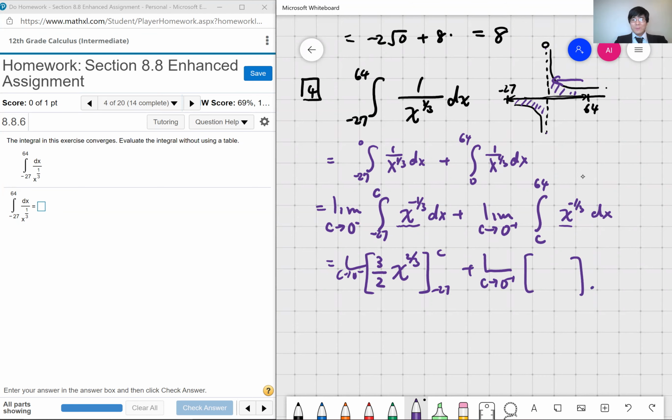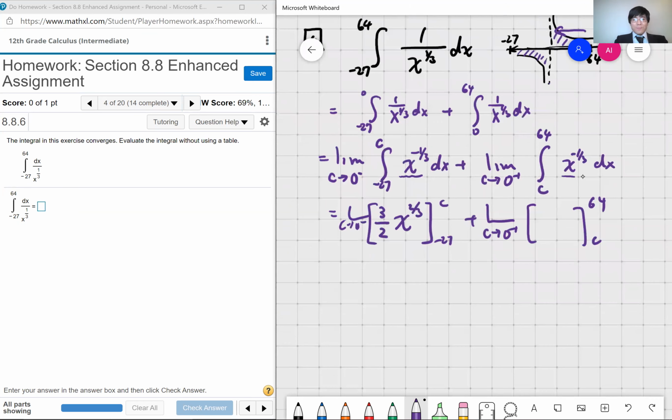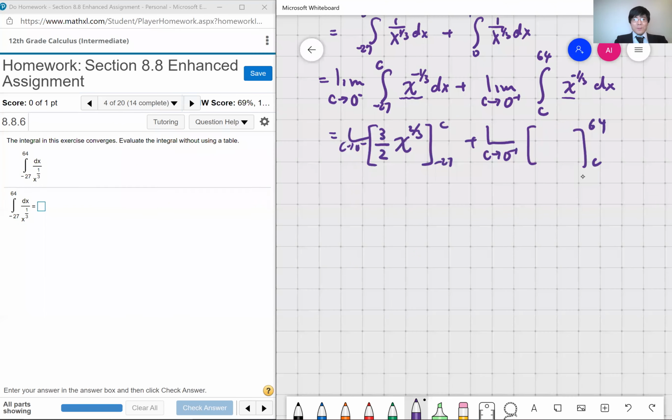Basically the same function, just plug in different values. So for the first one, it's going to be 3/2 c to the power of 2/3 minus 3/2 times negative 27 to the power of 2/3.